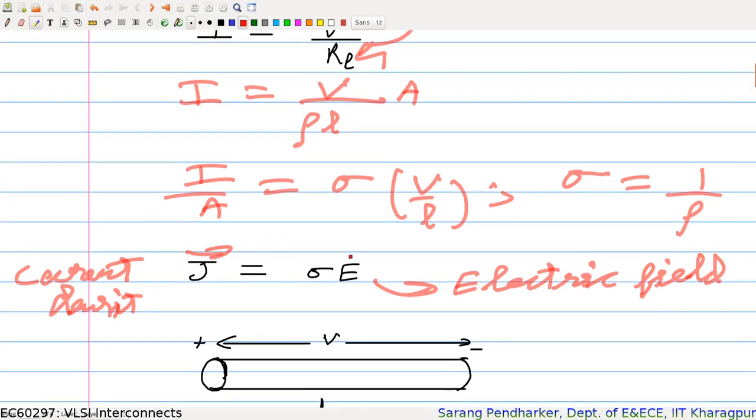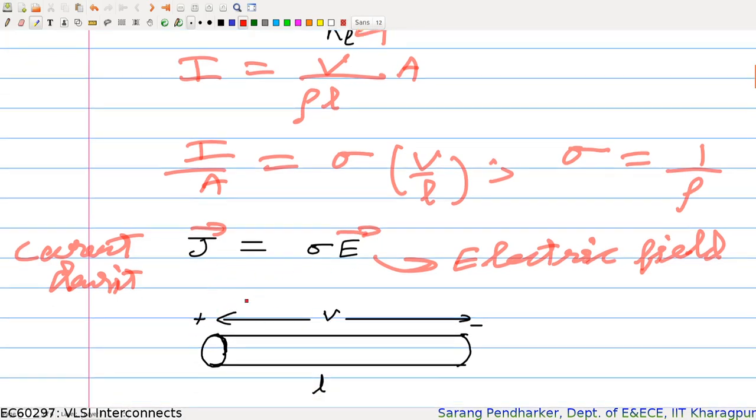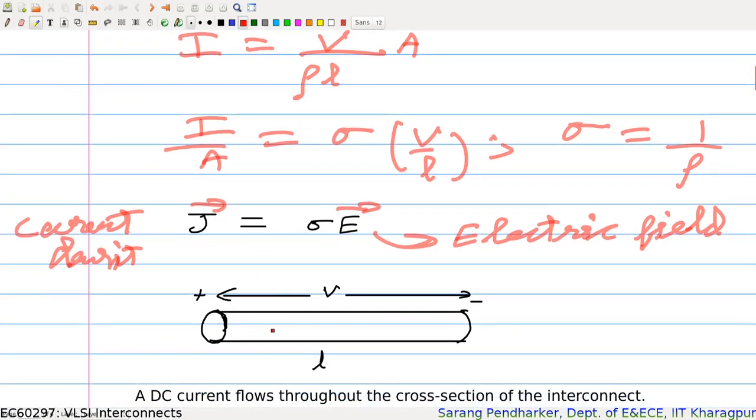In general, this relationship is a tensor equation, so you can also write it like this. But for a single case, a single filament, the direction does not matter, so I can write J is equal to sigma E.